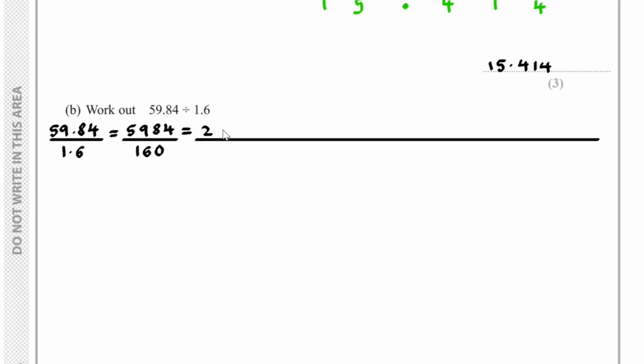So we get 2,992 divided by 80. Again, we've got even numbers, so divide the top and bottom by 2. So we've got 1,496 divided by 40.